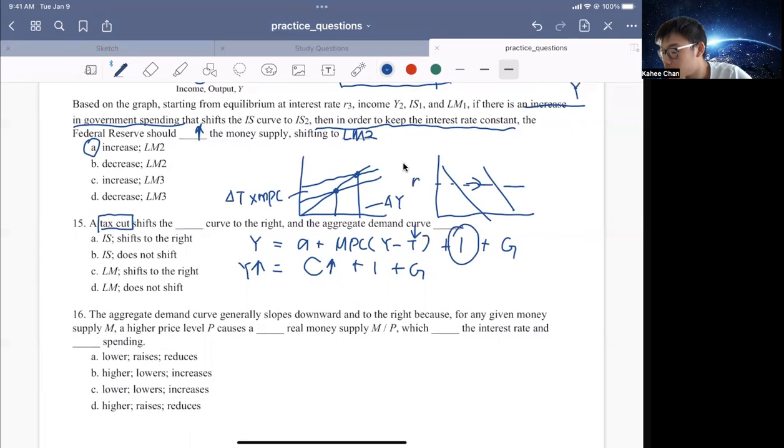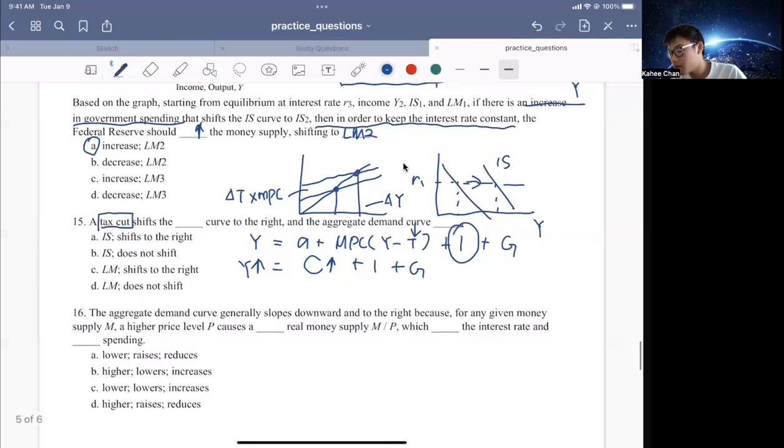So R is going to stay the same, but Y here, the output Y or the income Y, should be increased. So always remember that when there's a shift of the IS curve to the right, the aggregate demand curve is going to shift to the right also, because this is the aggregate demand model.